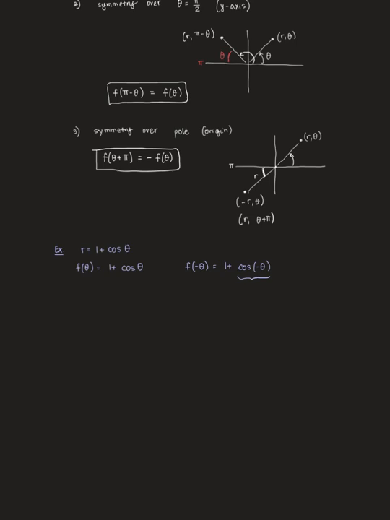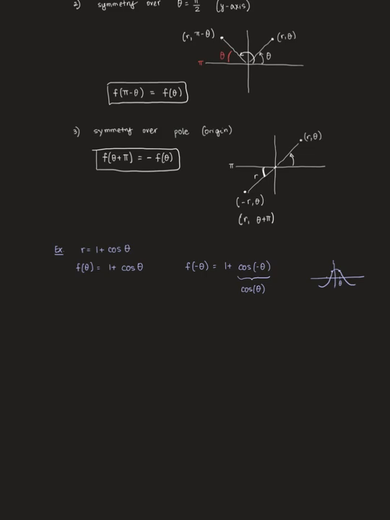So cosine of negative theta is the same as cosine of theta. You can think of the typical graph of cosine, right? Symmetric over this axis. So if I go theta this way and I go negative theta this way, I get the same y values.